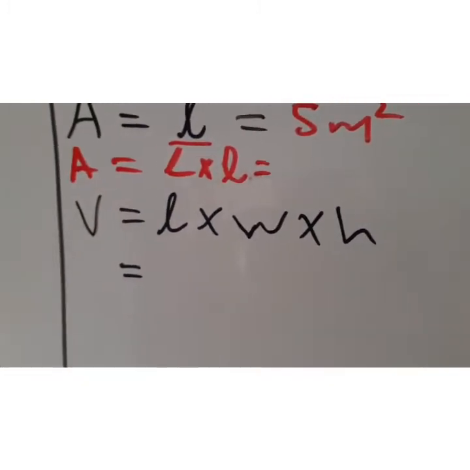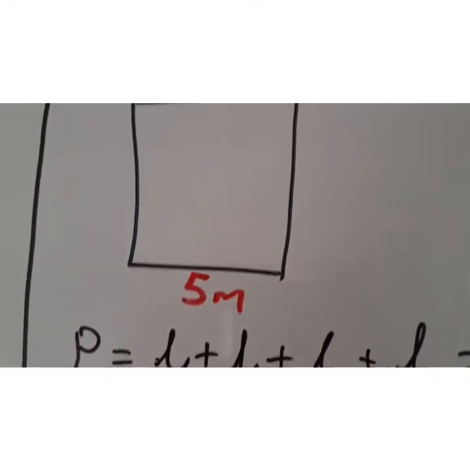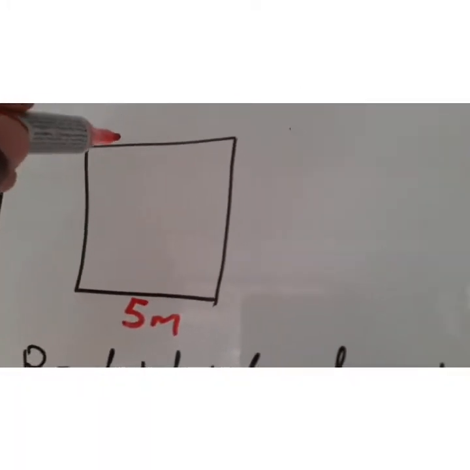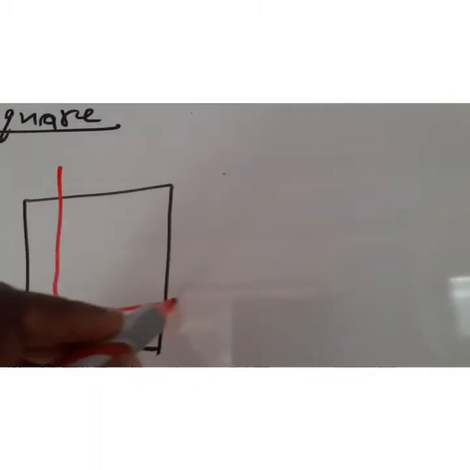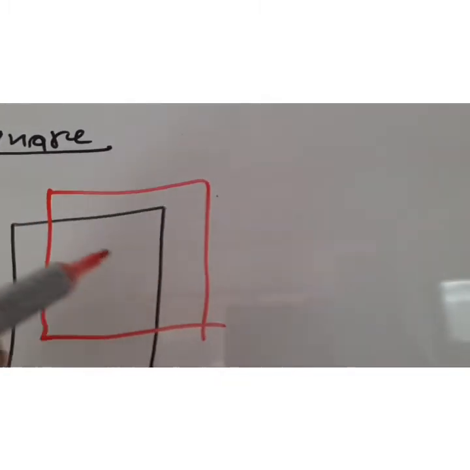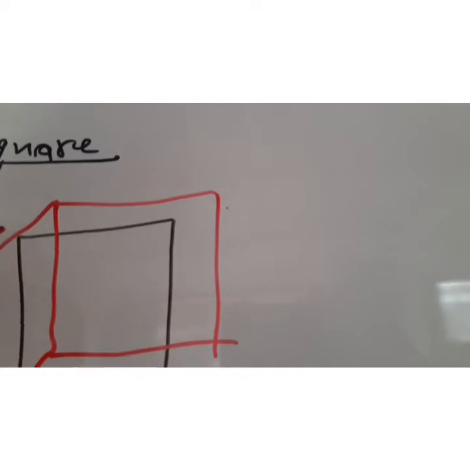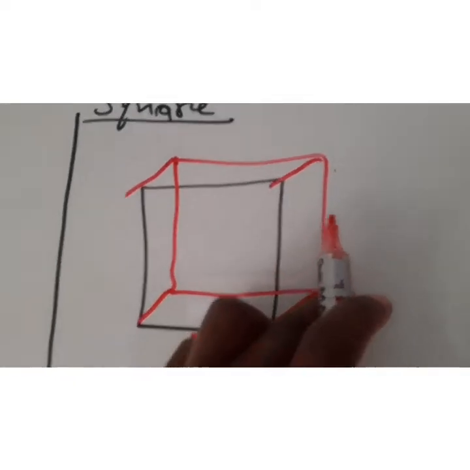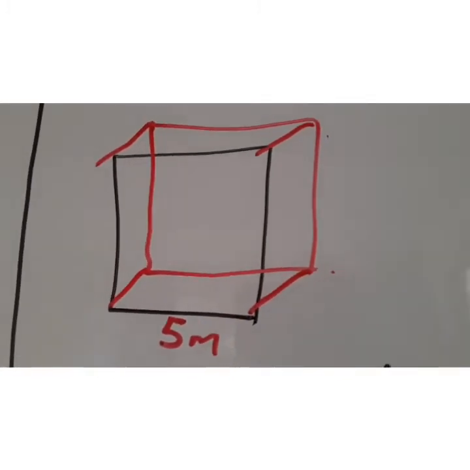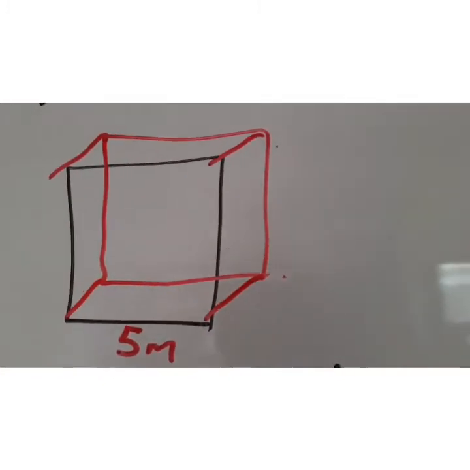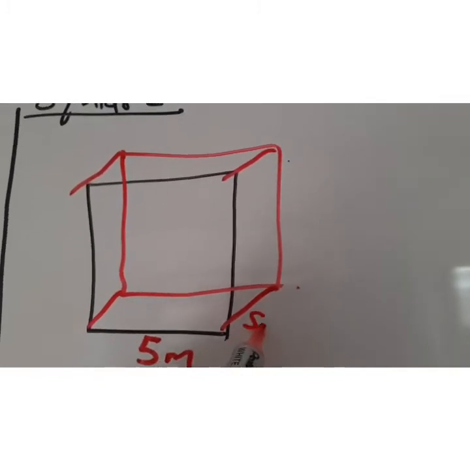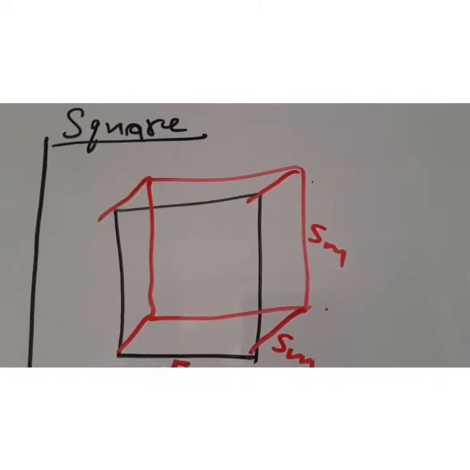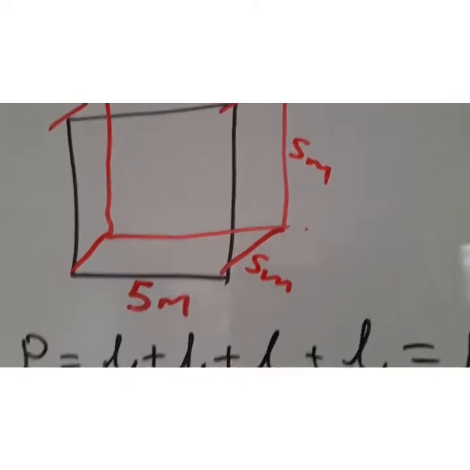Then you also have your volume. In order to get your volume, you use what we call a 3-dimensional shape. Therefore, if this now becomes my 3D object, I have my 5 here, I have my 5 here, it means I also have my 5 here. That's my length, my width and my height.